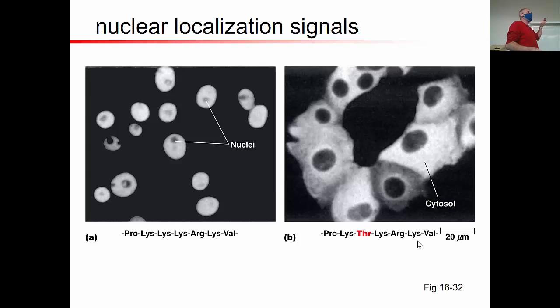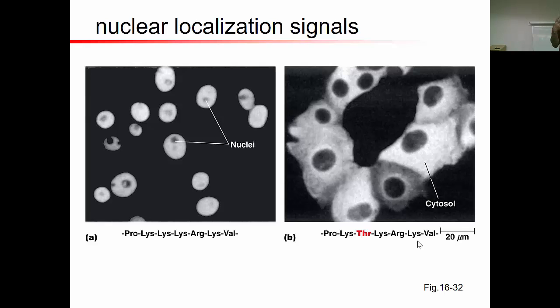So this is, in this case, the putative nuclear localization sequence, proline, lysine, lysine, lysine, arginine, lysine, valine. And we add it to our gene, so we're still making one gene, one mRNA, one protein, but this protein now is a little bit longer and has this sequence at the N-terminus. And if we look at where the GFP goes, it all goes, in this case, into the nucleus. We don't see any in the cytosol.